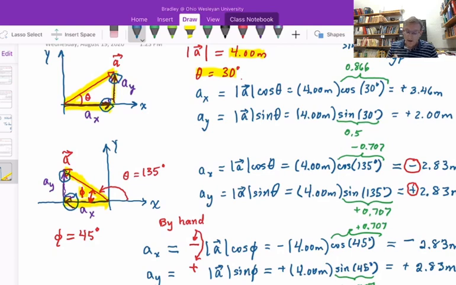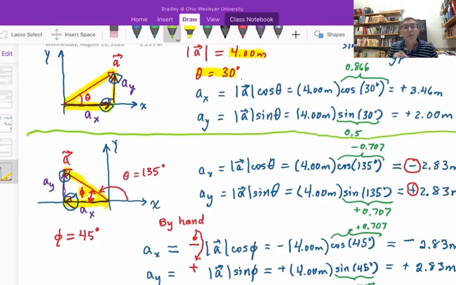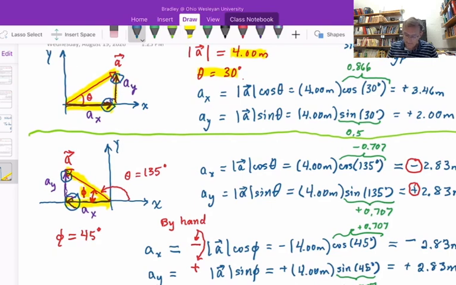Okay, so whenever you have a situation like this, with a vector in either quadrants 2, 3, or 4, anything but quadrant 1, you have two possible ways to calculate the components. You can use the angle theta, measured from plus x, and use this first method that I showed you.